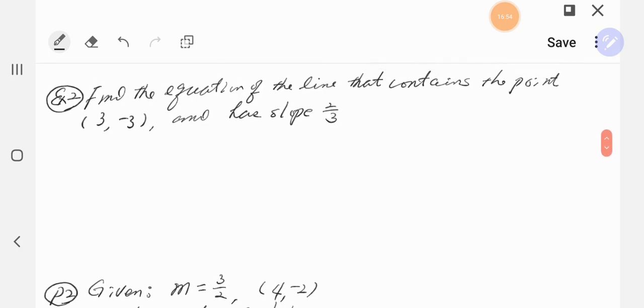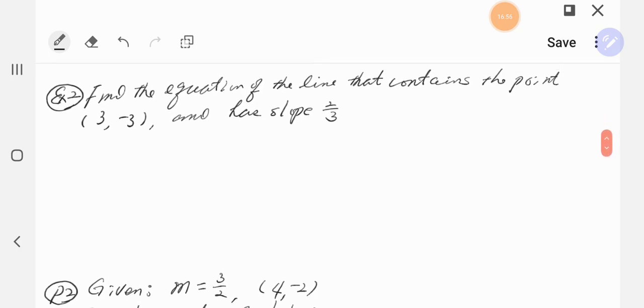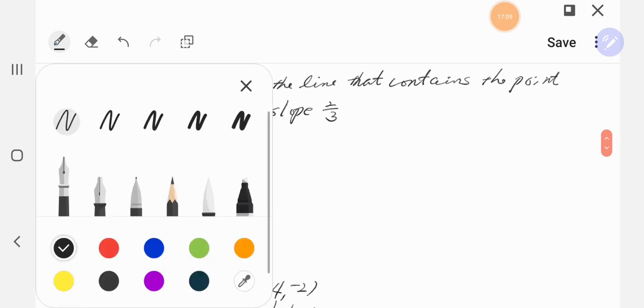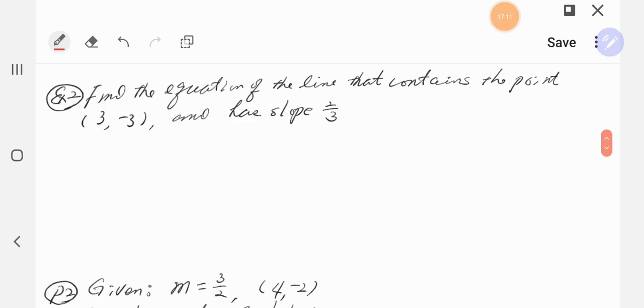Okay, exercise 2. Also we want to find the equation of the straight line that contains the point (3, -3), and the slope is 2/3. Look at this: (3, -3) is not a y-intercept.